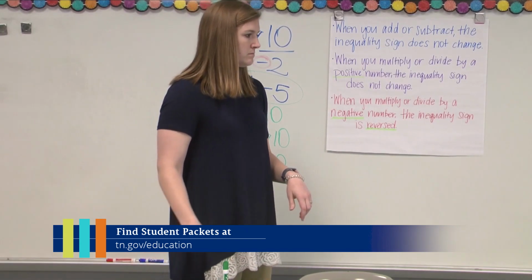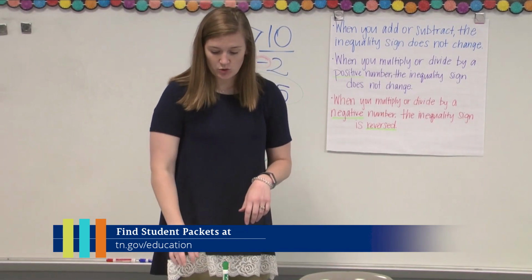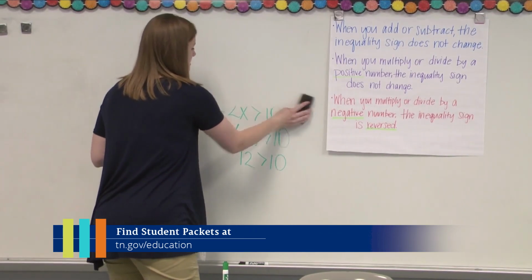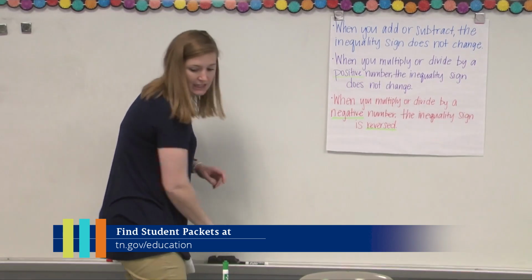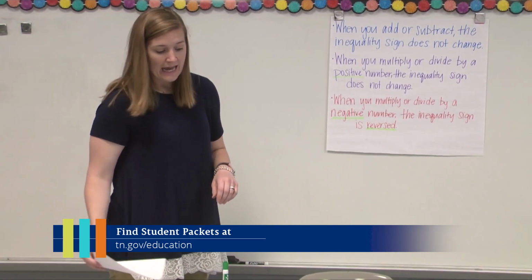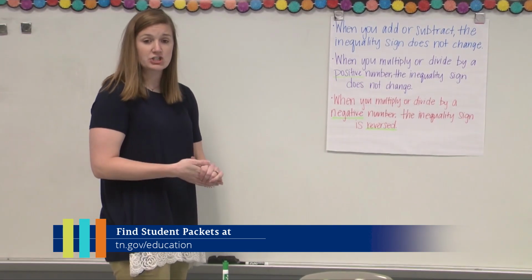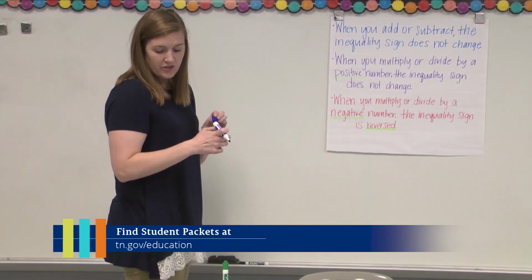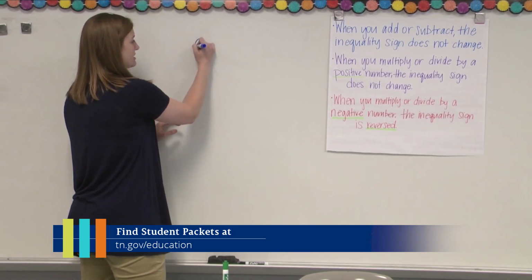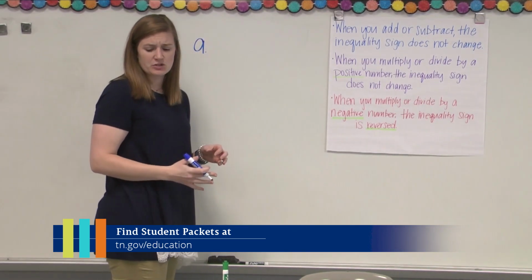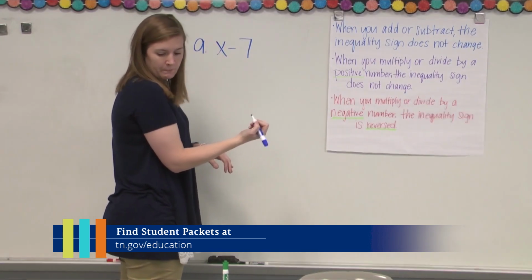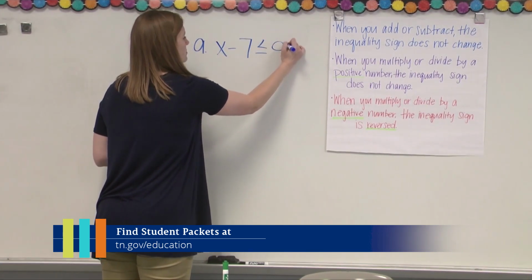So, for the individual practice, we can go ahead and look at it and think about what your independent practice is going to look like. You can access that online, and it's going to ask you to solve each inequality and then justify your answers. The first example that we can look at together, just so that you have an idea of what you're going to be doing on your own, says x minus 7 is less than or equal to 9.